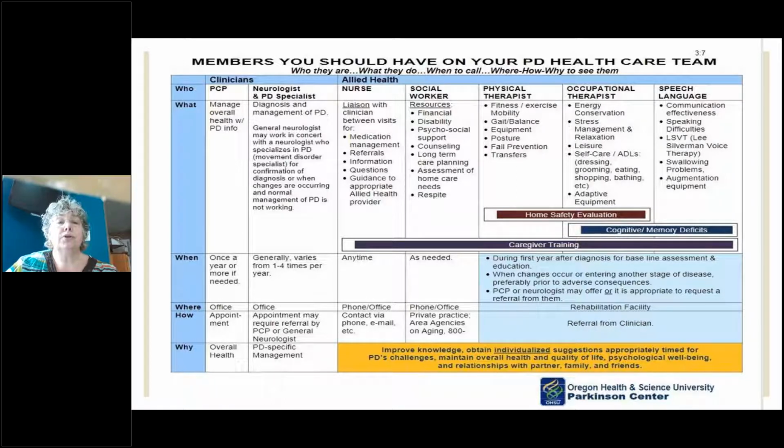Then you have a nurse. Most PCP offices have either a nurse or a medical assistant in their office. And these are allied health professionals: the nurse, the social worker, physical and occupational therapy. These allied professionals can be involved with you through the clinic, or they can be referred in by the PCP anytime.